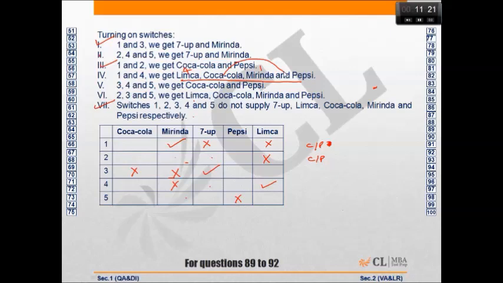Let me try. So let me take two cases. If 1 is Coke, then 2 will be Pepsi.